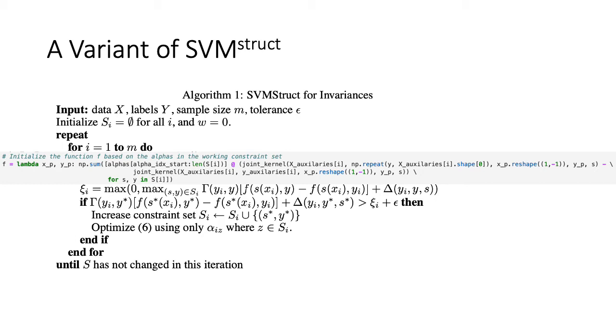The first term is the actual training example and the label that you're looking at the moment. So the whole thing is a list comprehension over the transformation label pairs in your working constraint set, minus the joint kernel for the actual label of that training example.